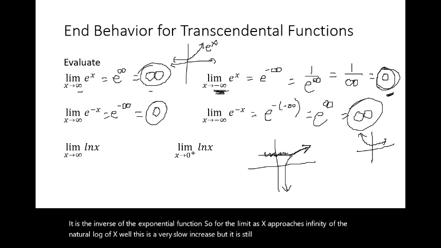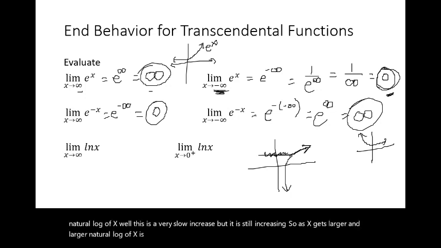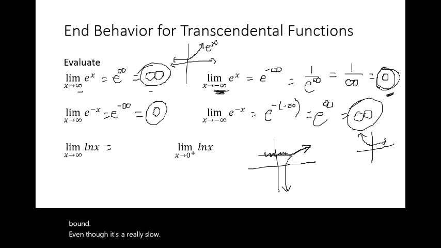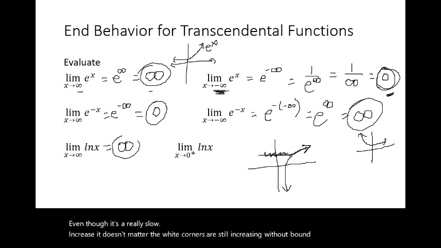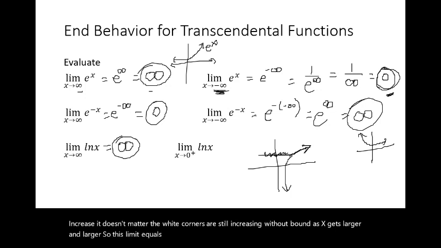As x gets larger and larger, natural log of x is still going to grow larger and larger without bound. Even though it's a really slow increase, it doesn't matter. The y-coordinates are still increasing without bound as x gets larger and larger, so this limit equals infinity.